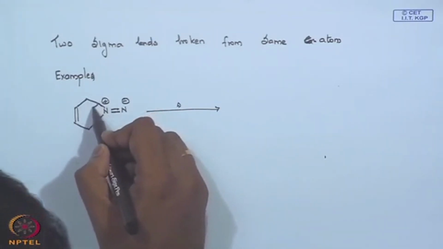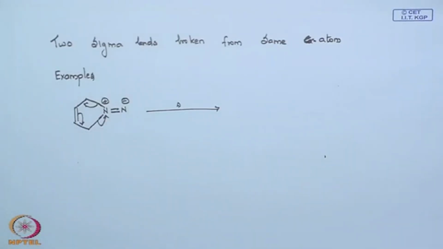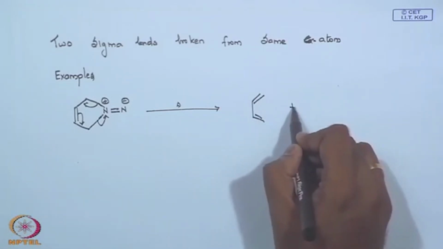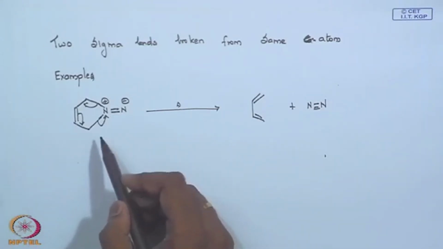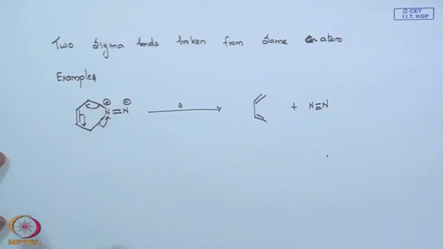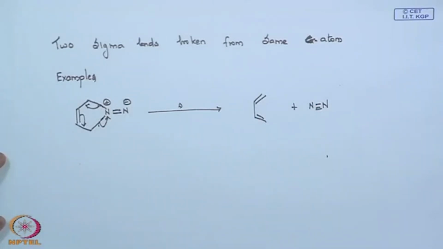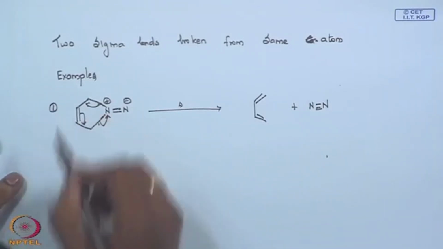You can see in this case, I can write a diene coming out from it and the nitrogen. Now, what happened here? You have 2 sigma bonds, these are your 2 sigma bonds, and these 2 sigma bonds are broken from the same carbon atom. So, they fall under the class of chelotropic reactions. There are many examples which you can draw. This is one of them.